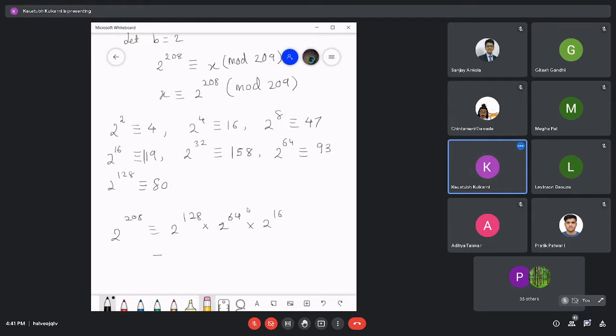From the values that we have calculated, this is 80 mod 209, this is 93, and this is 119 mod 209.